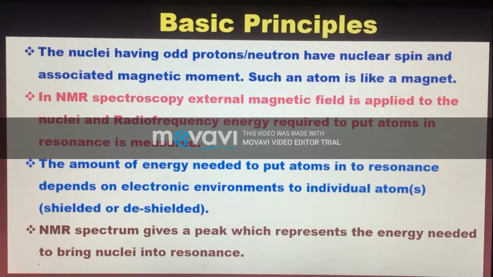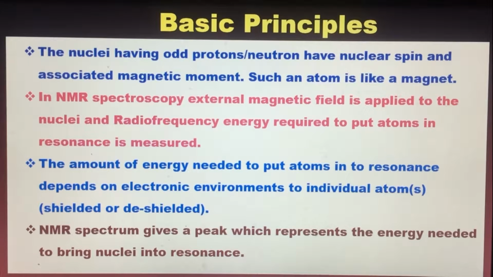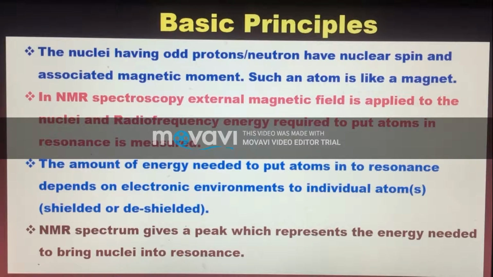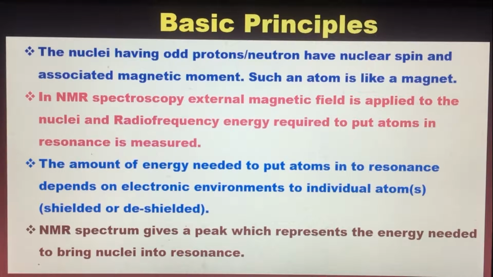So we can use NMR spectroscopy for those nuclei that have spin, because they act like a magnet. We'll use that magnetic property of the nuclei. That's why, in nuclear magnetic resonance, we have to put the nuclei into the same orientation.